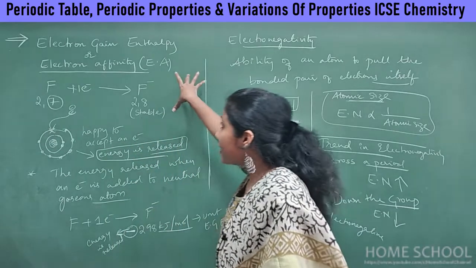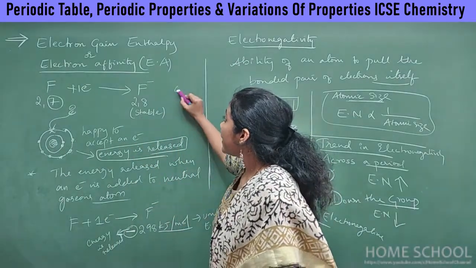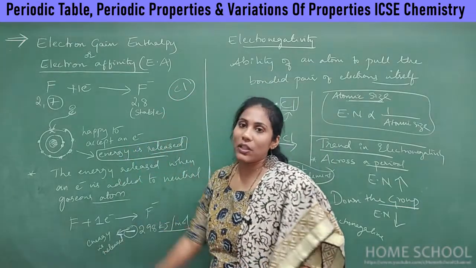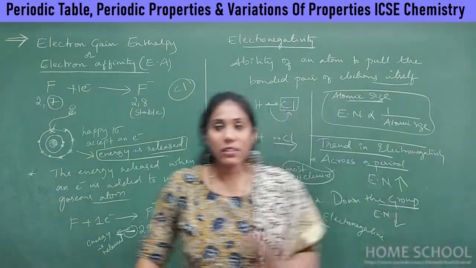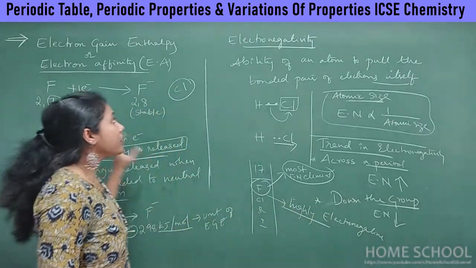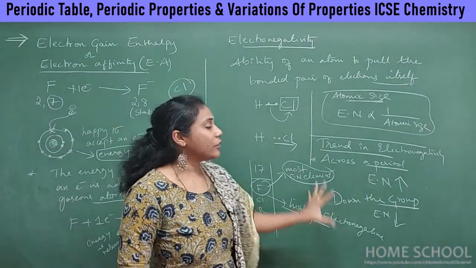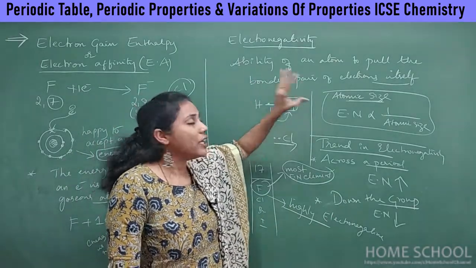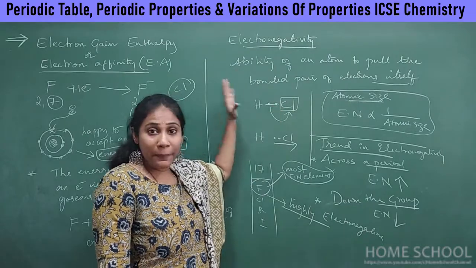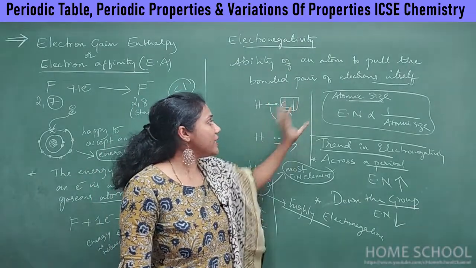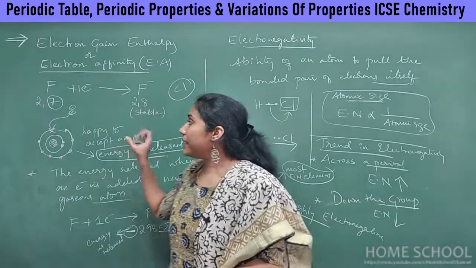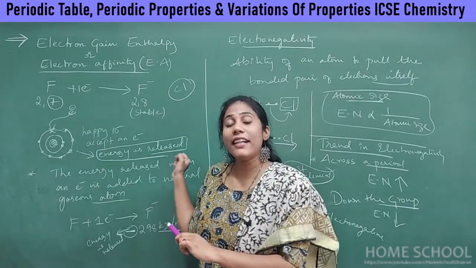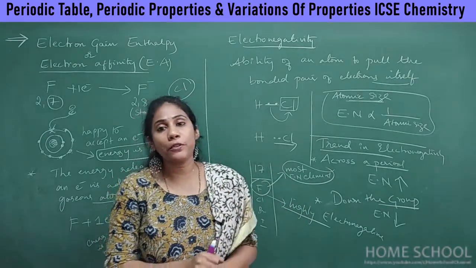Whereas in case of electron gain enthalpy, it is chlorine which has more electron gain enthalpy. So there is a lot of difference between electron gain enthalpy and electronegativity. Electronegativity is a property of an atom to be able to pull the bonded electrons towards itself, whereas electron gain enthalpy is the energy, heat, released when an electron is added to the outermost shell.